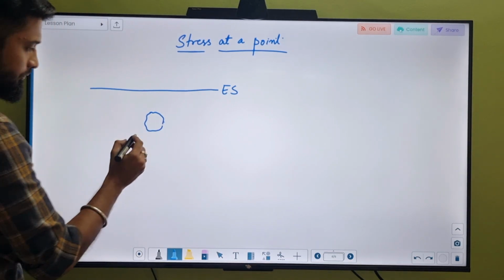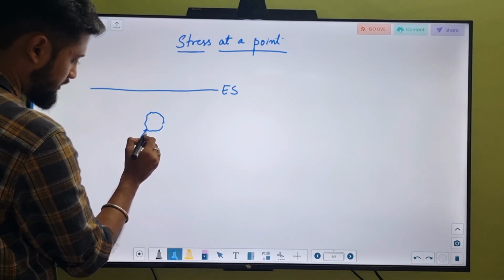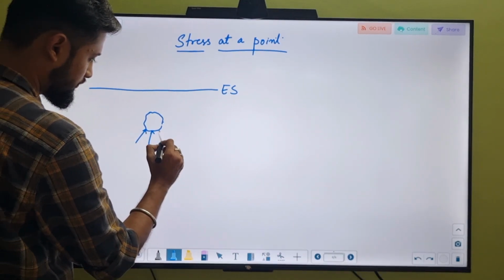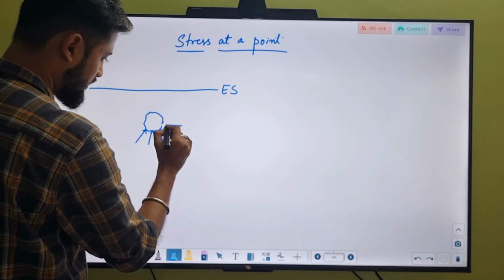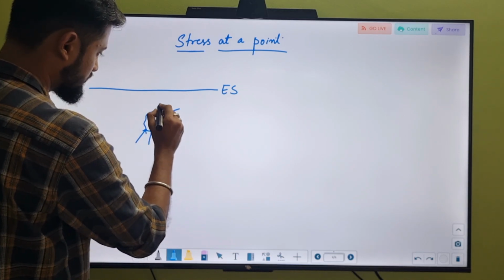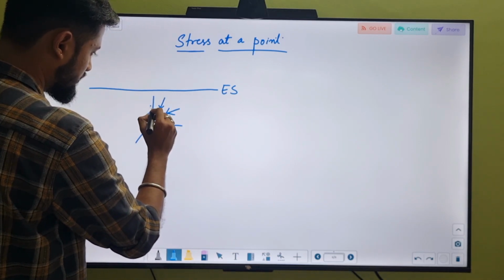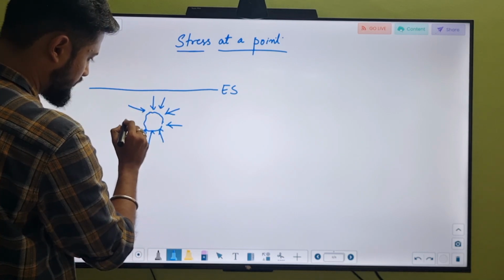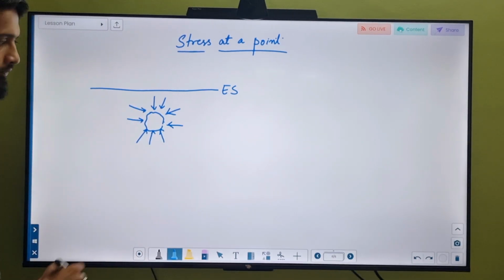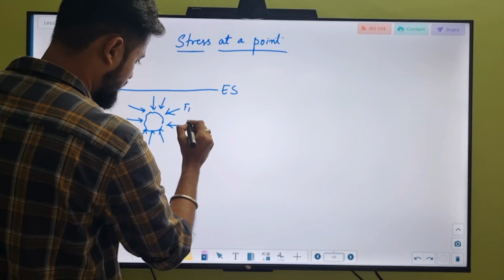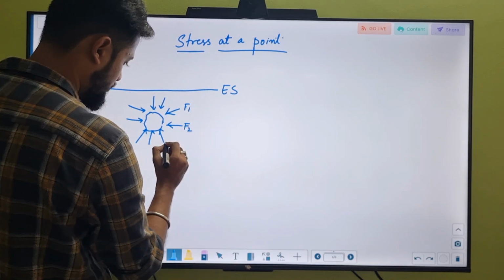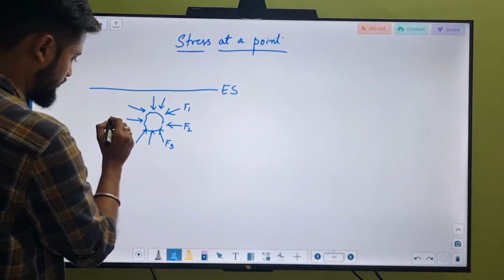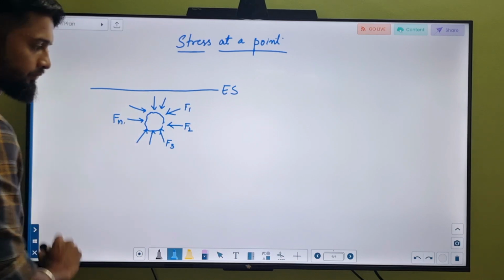Here there are several forces acting on it, n number of forces: F1, F2, F3, and so on up to Fn.